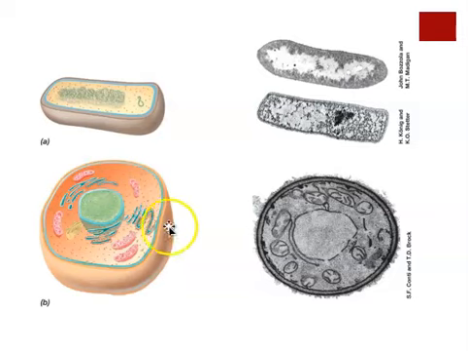We can look at this drawing and we can know that this is an animal cell as opposed to a plant cell. And the reason we know that is because there's no cell wall in this drawing. There's no straight, firm, stiff cell walls around this cell. So we typically draw animal cells as being circular, even though, as I said a minute ago, they vary tremendously in their shape.